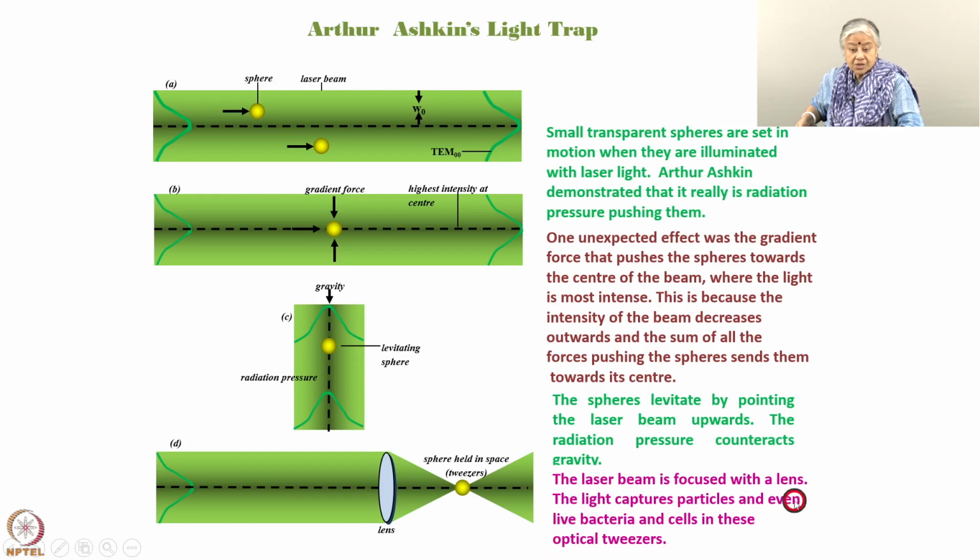The laser beam is focused with a lens, and the light captures the particles and even live bacteria and cells in these optical tweezers. The success of all his experiments was that he could hold a live bacterium, imagine such a tiny object, in position with a laser. In my next lecture, we will see how exactly this happens, and the underlying physics involved in such a case.